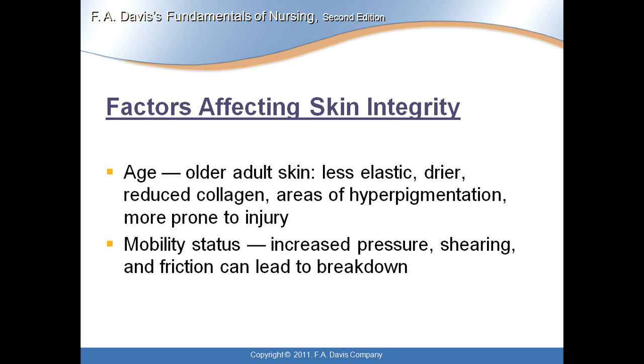Older skin has been exposed to a lot. So we've got sun, we've got chemicals, and again, we've got loss of collagen. For mobility status, increased pressure, shearing, and friction can lead to breakdown. For mobility, it's the inability to move or for patients who are on complete bed rest, and this also causes skin breakdown.